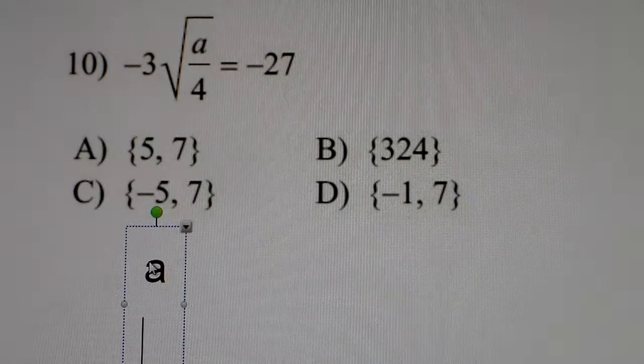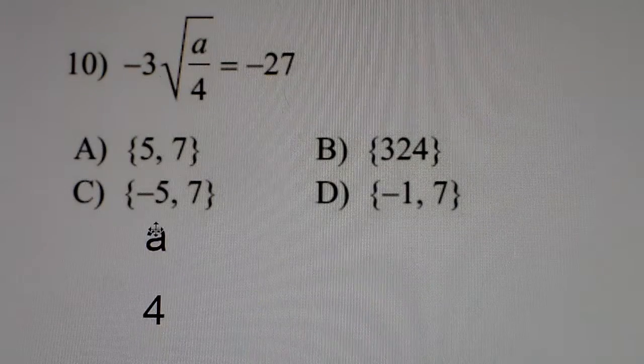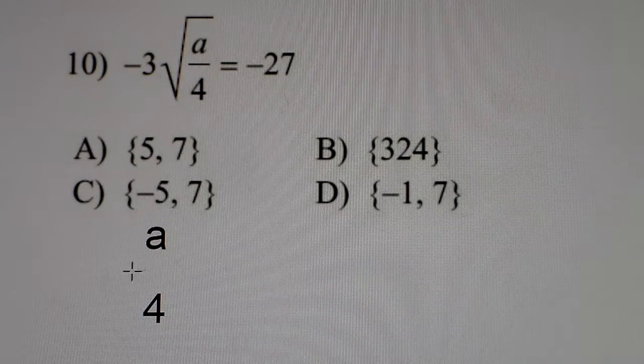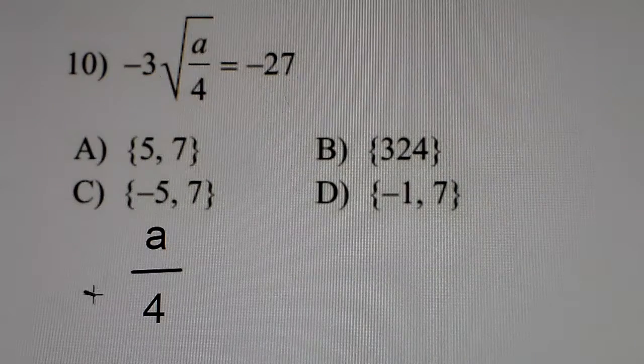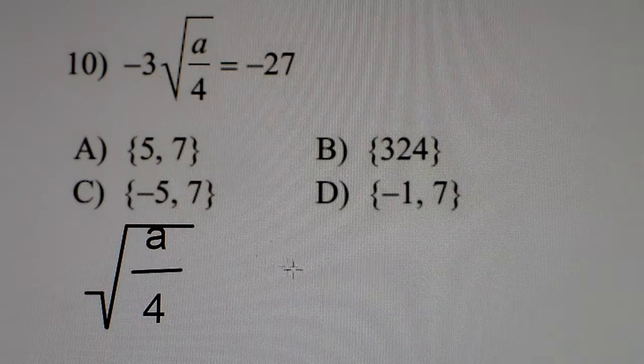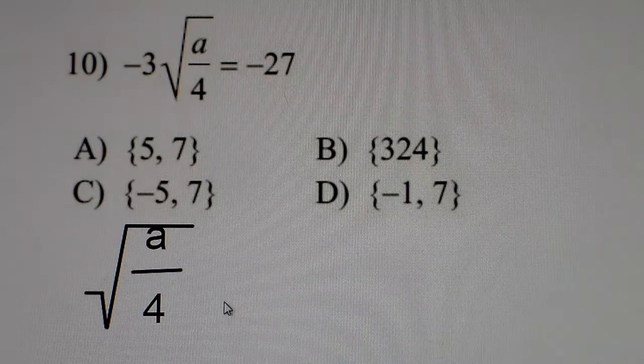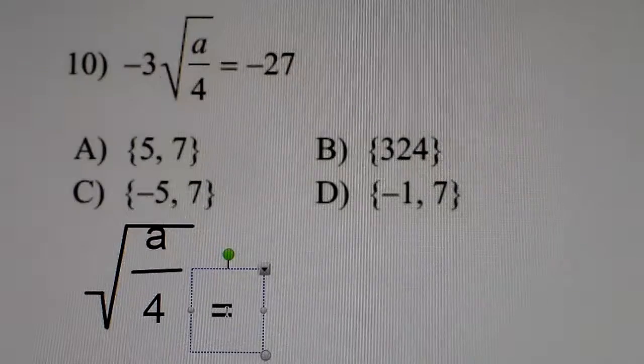So we have a over 4 as our fraction, and yes, it's inside that radical. We divided by negative 3 to both sides, so negative 27 divided by negative 3.